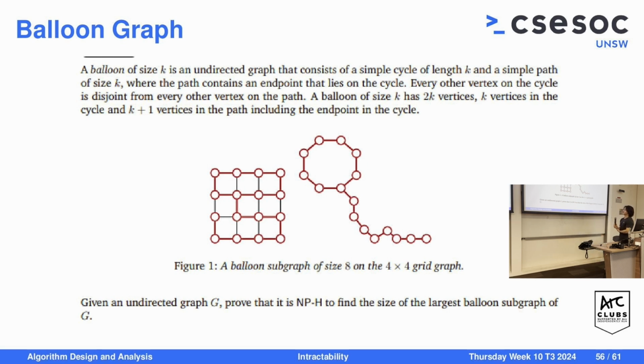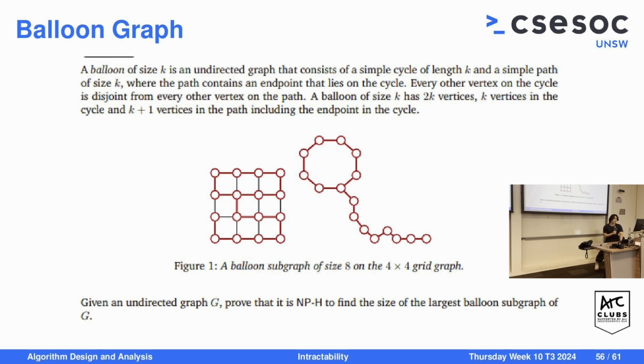Here is a problem called balloon graph. A balloon of size k is an undirected graph that consists of a simple cycle of length k and a simple path of size k, where the path contains an endpoint that lies on the cycle. Every other vertex on the cycle is disjoint from every other vertex on the path.